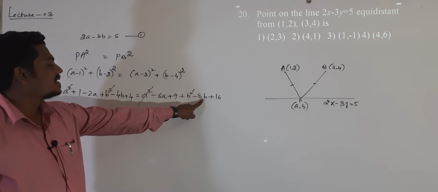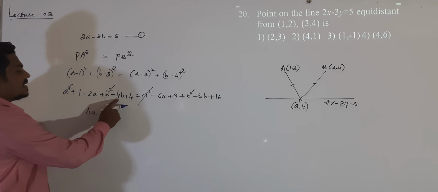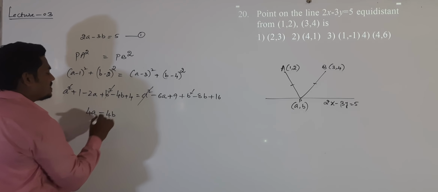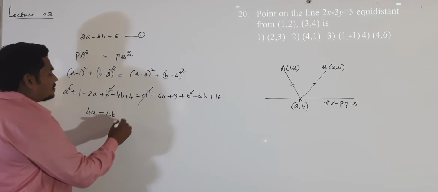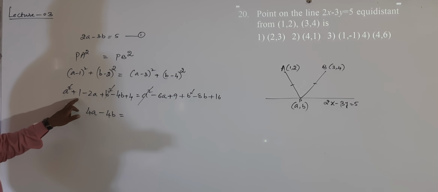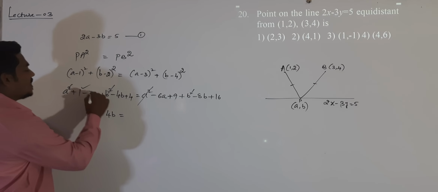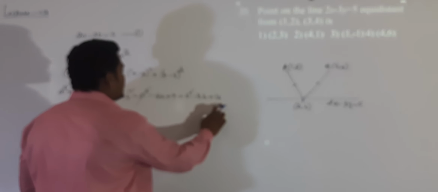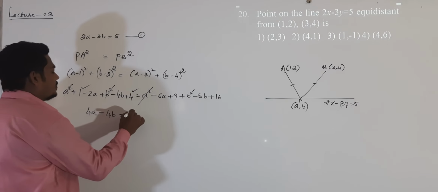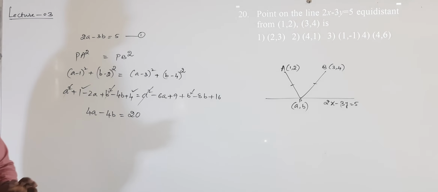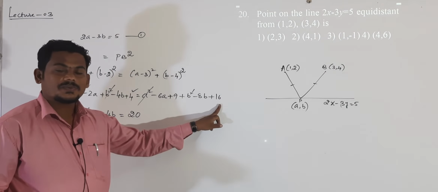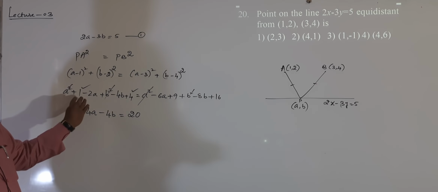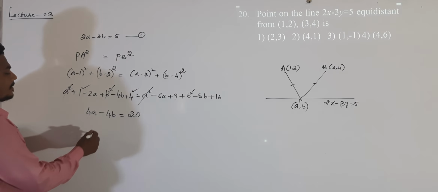If you take this minus 8b to the LHS, minus 4b plus 8b, then minus 4b remains. Then that's equal to, constant term sent to the RHS: here plus 1 and plus 4 is plus 5, here 9 and 16 is 25. Because 25 minus 5 is 20, you get 20.